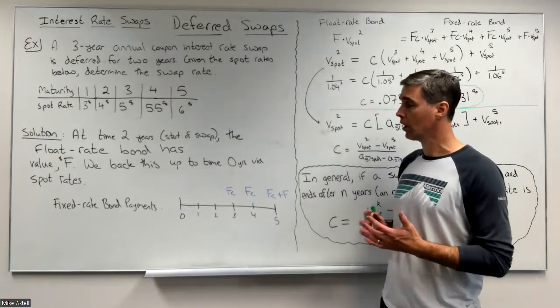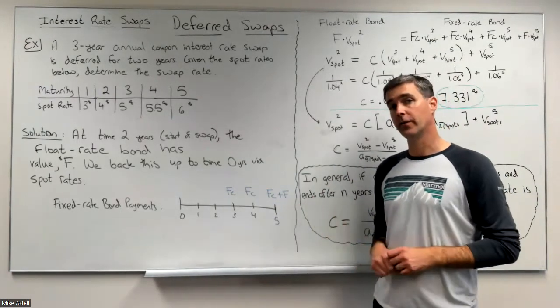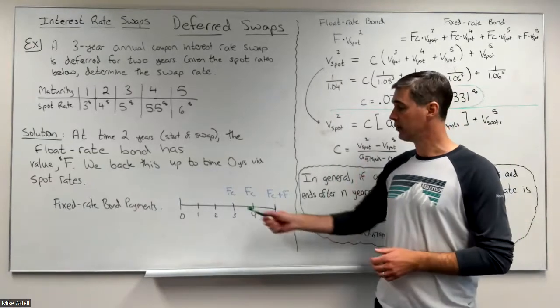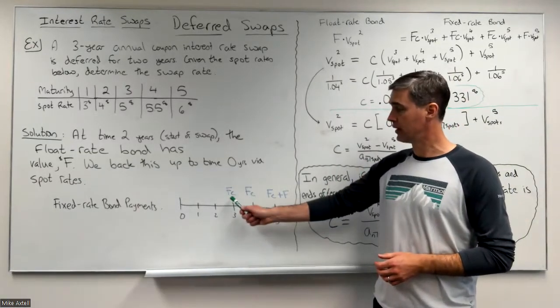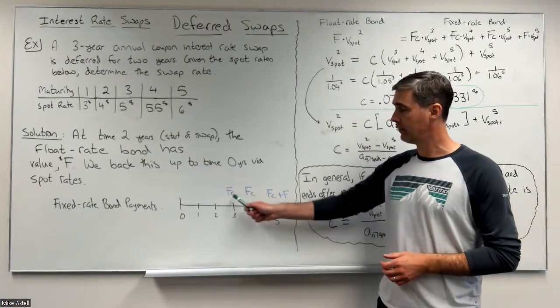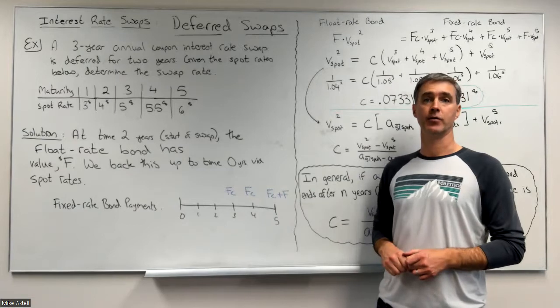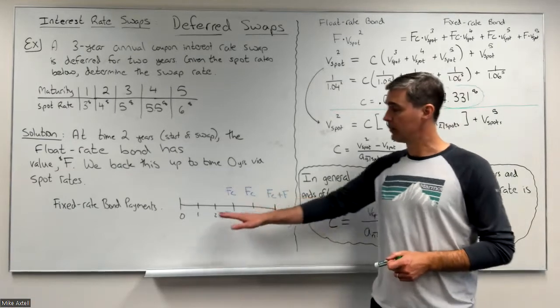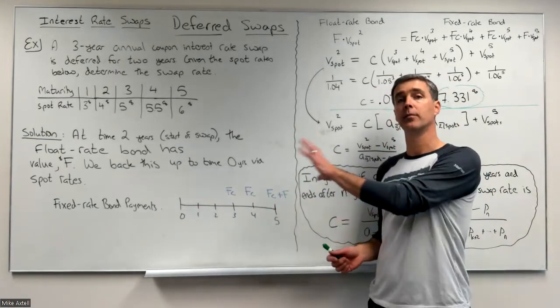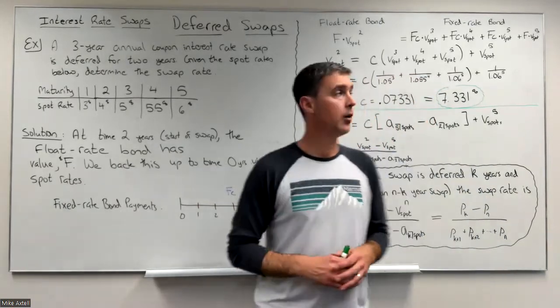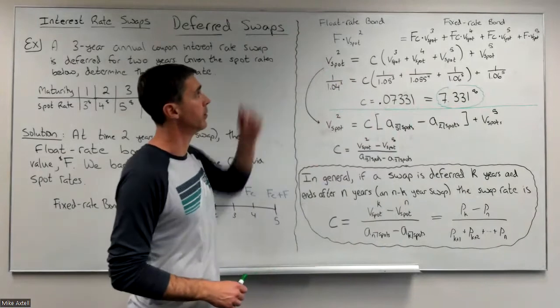All right. Well, now let's think a little bit about the fixed rate bond. The fixed rate bond has the swap rate C for its coupon rate. So there's coupons at time 3, 4, and 5, fixed rate coupons. And there's a redemption value arriving at time 5 as well. I will need to move these payments back to time 0 and set them equal to the float rate bond value at time 0, which is what we do up here.